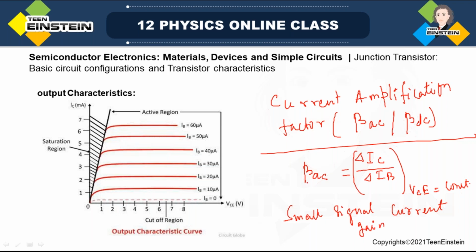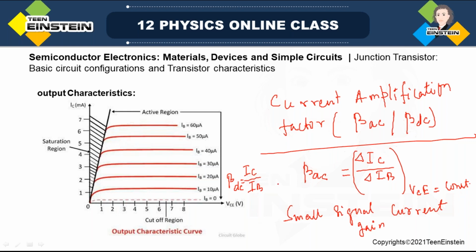So when we write this ratio simply as IC by IB, then it is called beta DC. Beta DC, IC by IB.